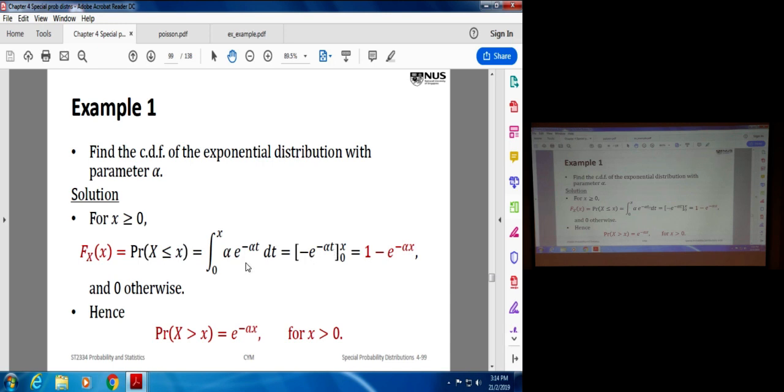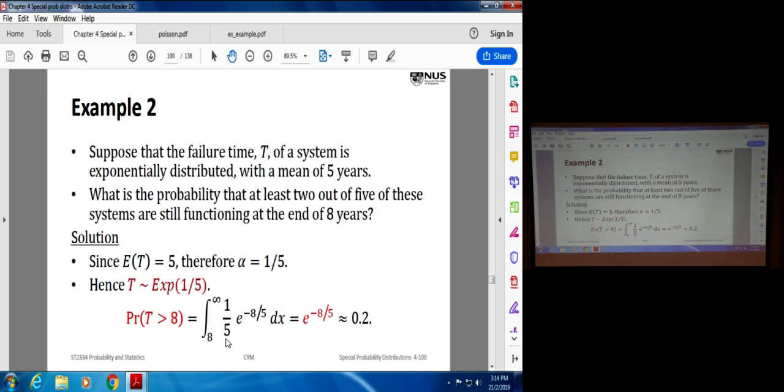If I differentiate this, I will get this. Evaluating at x, I get minus e to the minus alpha x. At 0, I get minus 1, so I get a 1 here. And that's the CDF. Well, we knew that already. And of course we know that the probability X is bigger than x is 1 minus this. We did this calculation twice, or in fact 3 times, on the previous few slides.